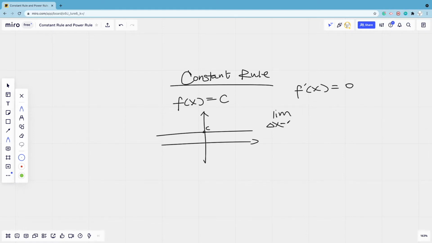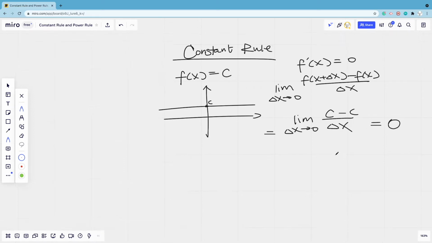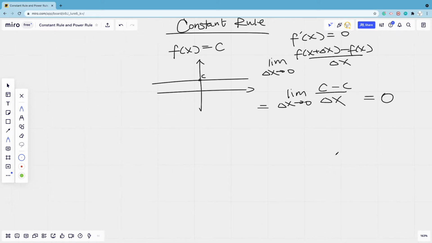The limit as delta x goes to 0 of f(x plus delta x) minus f(x) over delta x equals the limit as delta x goes to 0. Now these are all values of f, which is a constant function, so this will be c minus c over delta x, and this is 0. So that's just a quick proof.